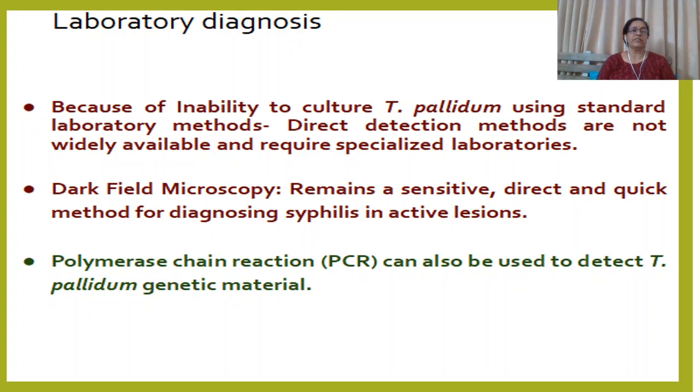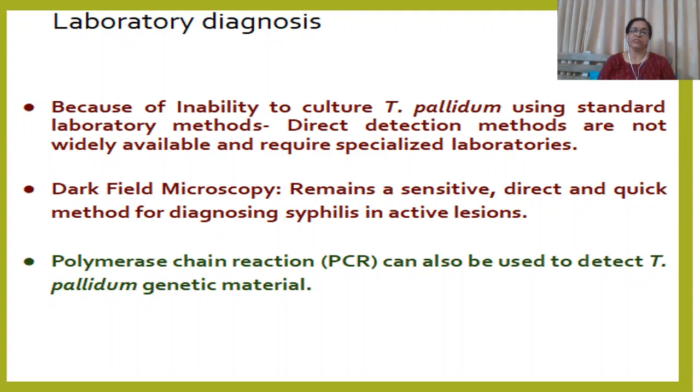Direct detection method, that is by isolating the microorganism in the laboratory, is not a preferred method. It requires specialized laboratories, and the treponemas from clinical samples are unable to grow in media like Novy's media. So dark field microscopy is widely used for laboratory diagnosis.